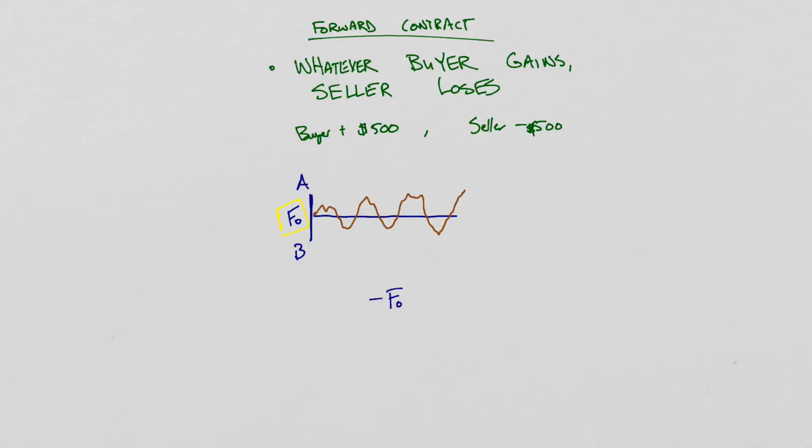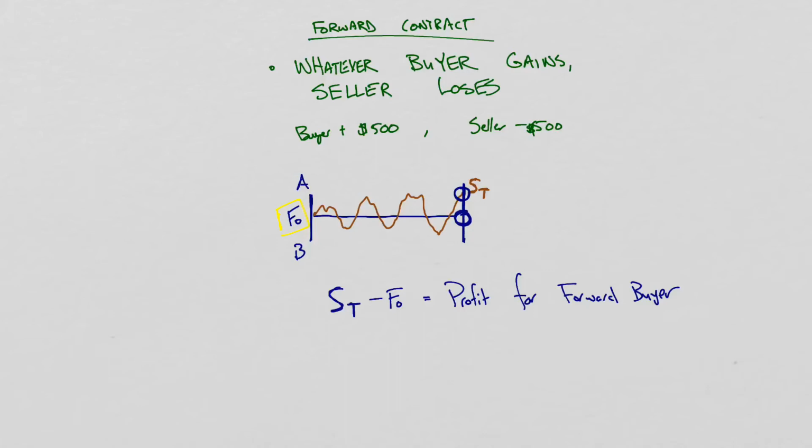And at the end of this time period for the forward contract, when the two parties agree to finish, we look at what that price is for the underlying at that time. At this time, it's ST. And the difference between what the value is at ST and the original agreed upon forward contract price is the profit for the forward buyer.